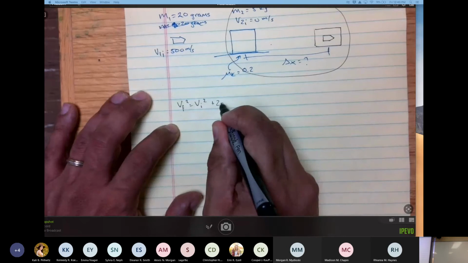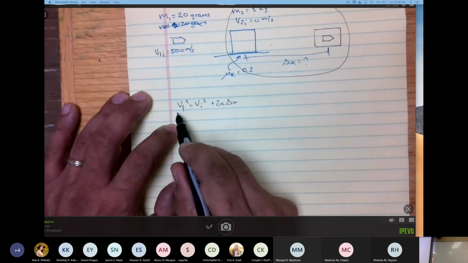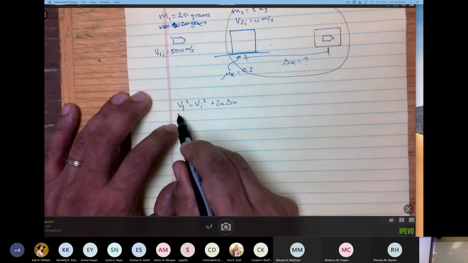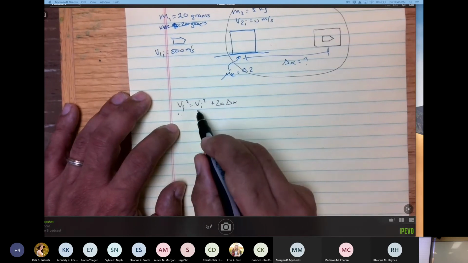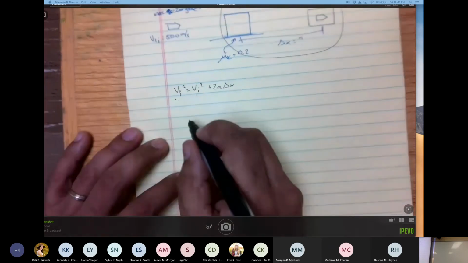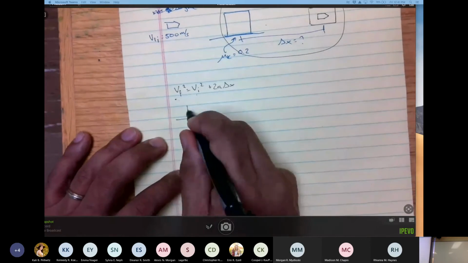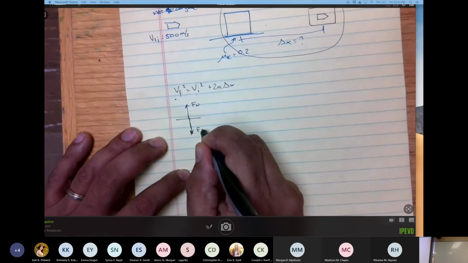I know that the final velocity is going to be 0 because it needs to come to a full stop. I don't know the initial velocity, and I need to find the acceleration. To calculate the acceleration, I do the free body diagram. I have the normal force, the weight, and the friction.